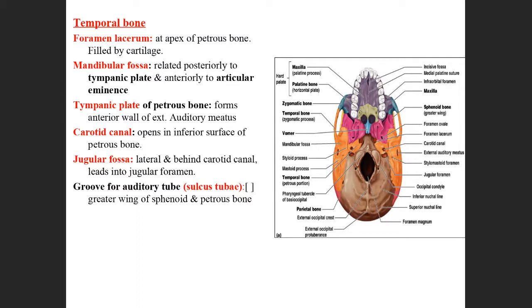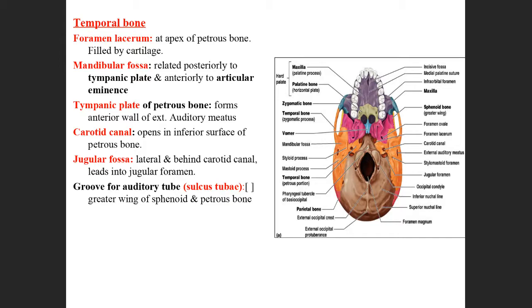We already discussed what the mandibular fossa is. It is where the mandible articulates, and then the tympanic plate. This is the tympanic plate of the petrous part of the temporal bone, where you have the external auditory meatus, and then there is a carotid canal and the jugular canal.